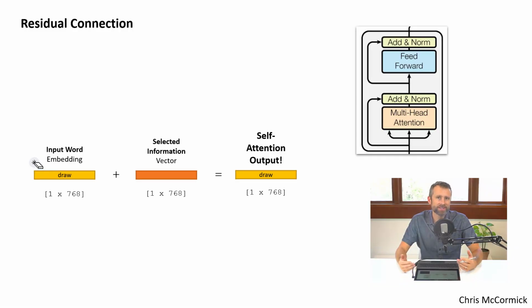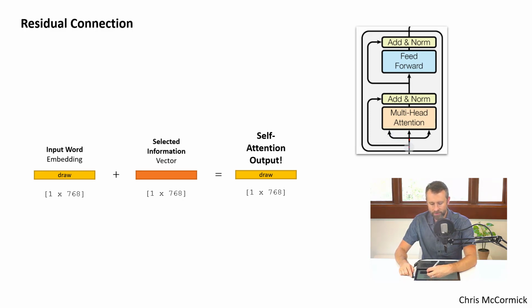Again, there's this concept of the residual connection, which I wanted to include because it definitely changes the interpretation of what's output by self-attention. The residual connection is not included in those equations, but you can see it here in the original illustrations for the transformer.